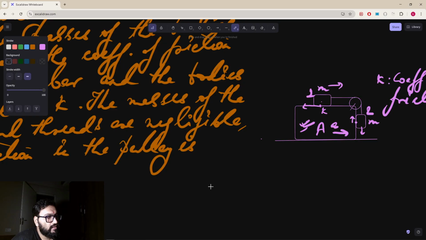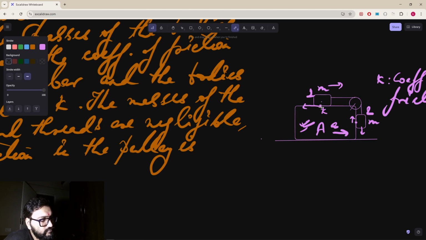Also, I'm asked to find out the minimum acceleration, which means that this body 2 would be interacting with body A in such a way that the frictional force between these two bodies is a static frictional force.